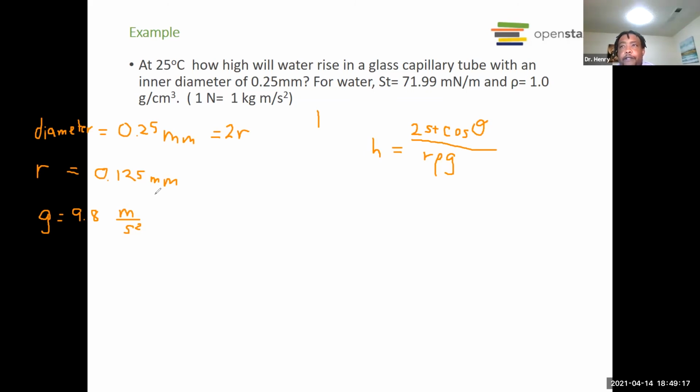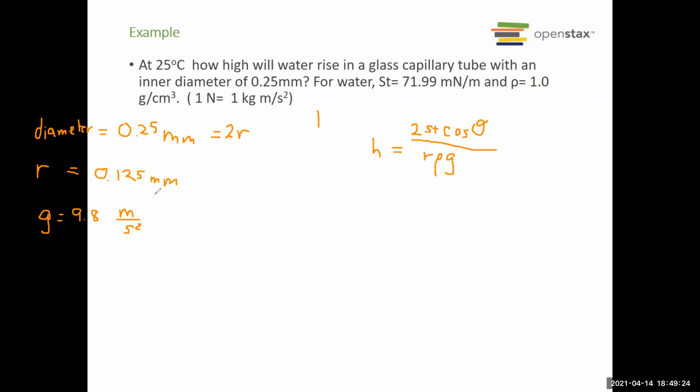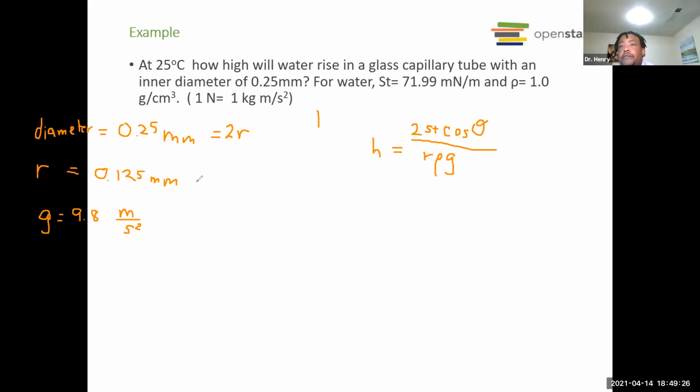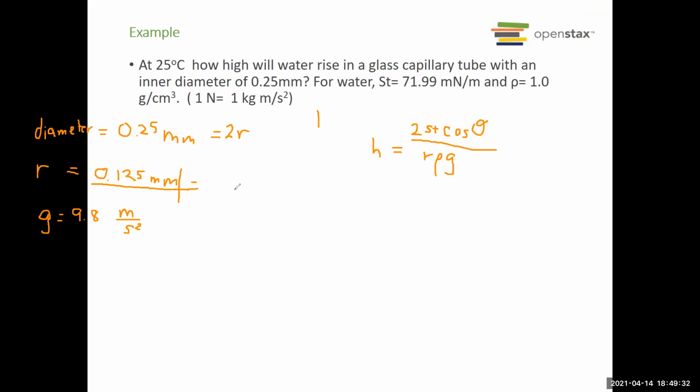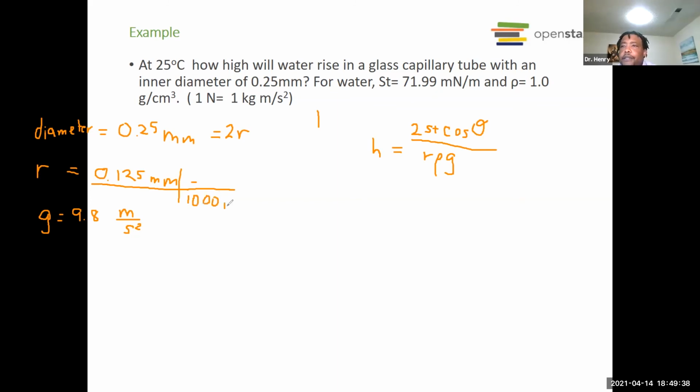Keep it consistent. So how do I convert this into meters? Divide by 1,000. So 1,000 millimeters is equal to 1 meter.